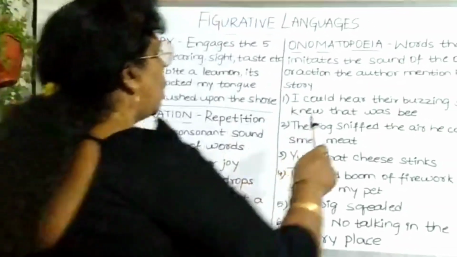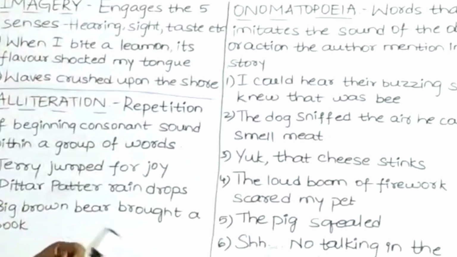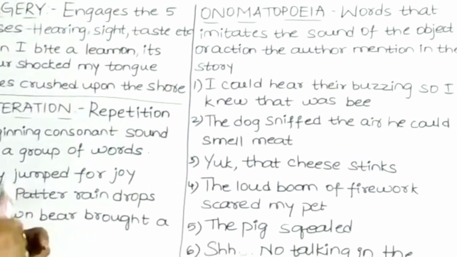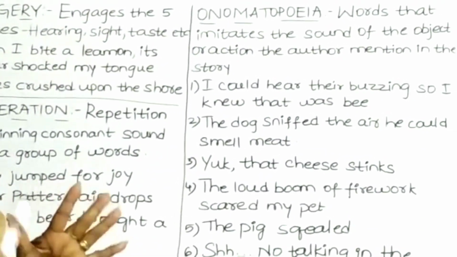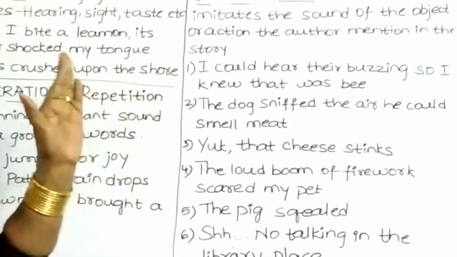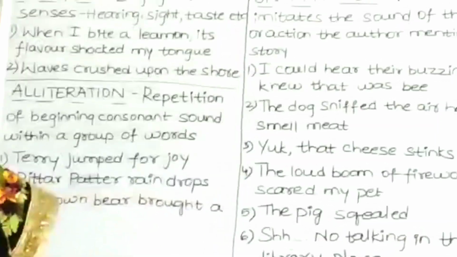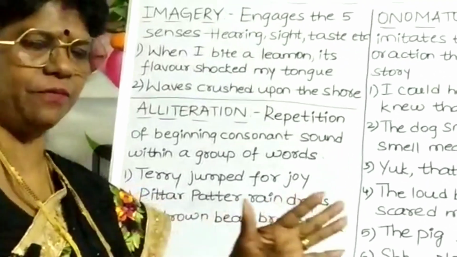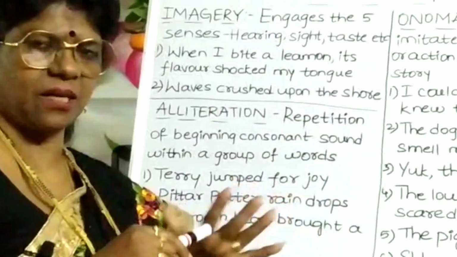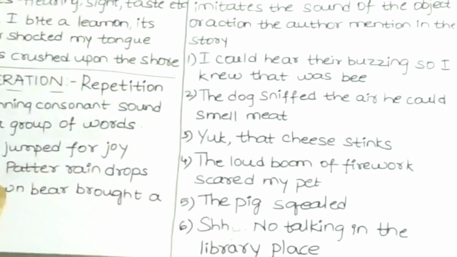Next one, onomatopoeia. Words that imitate the sound of the object or action the author mentions in the story. Example, I could hear their buzzing, so I knew that was a bee. A buzzing sound is commonly made by a bee, so whenever you hear that buzzing sound, you can understand it is a bee. The dog sniffed the air, he could smell meat.